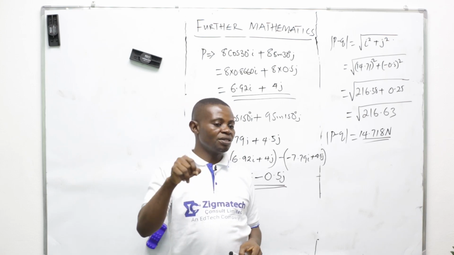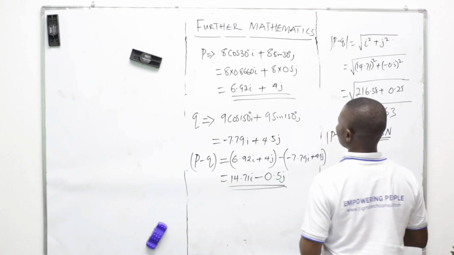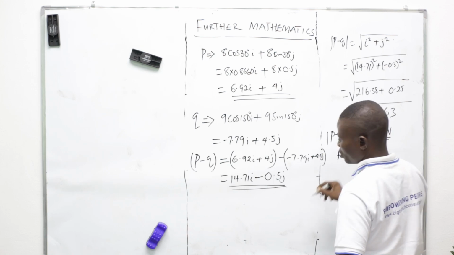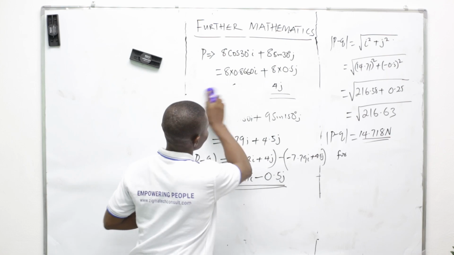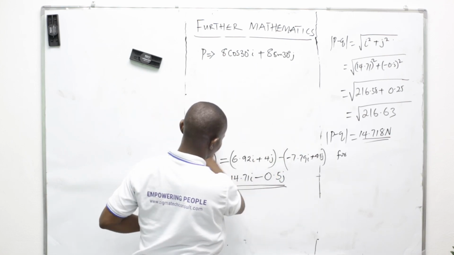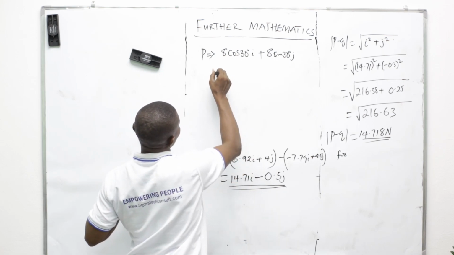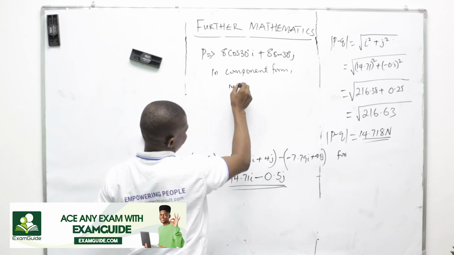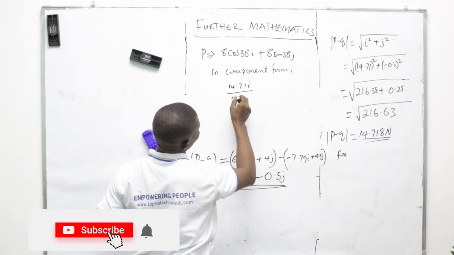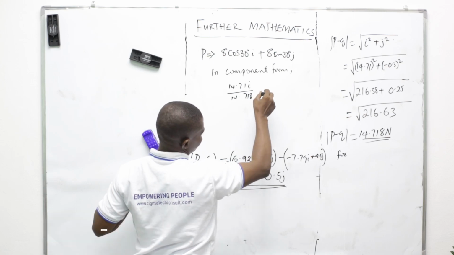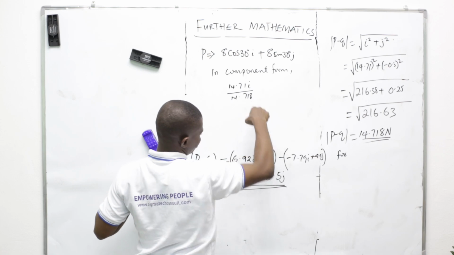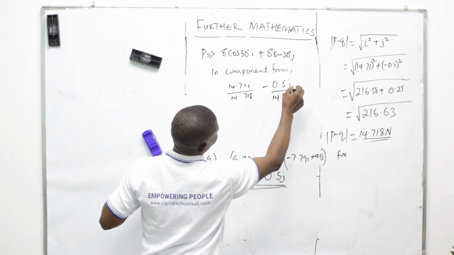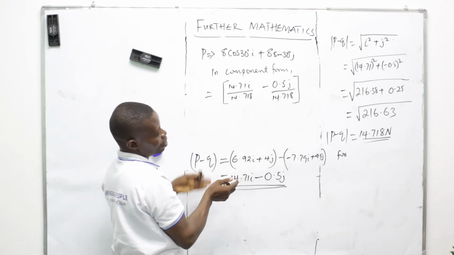Component is talking about I and J. To get it in component form now, we have 14.71 I all over 14.718, comma, since this one is minus, 0.5 J all over 14.718. This is the component form.